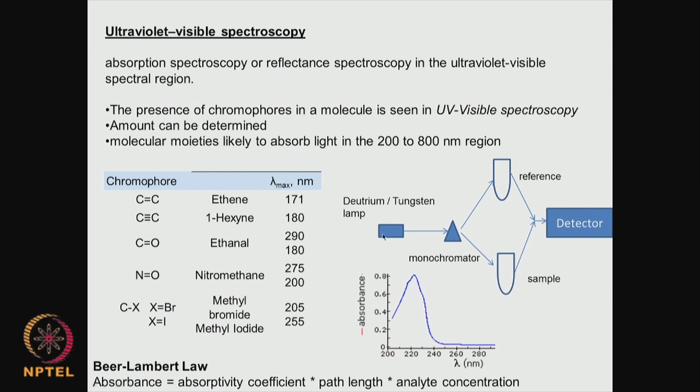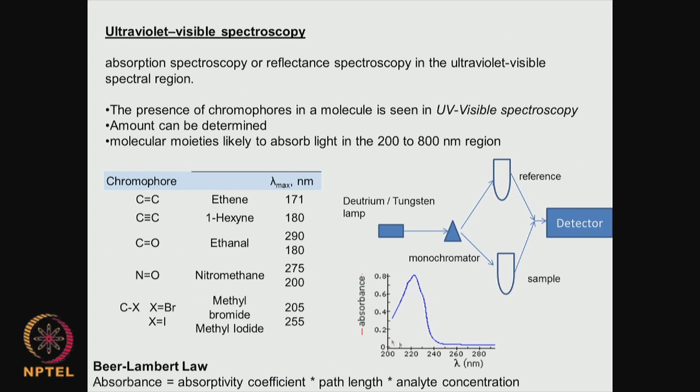We have a lamp, a deuterium tungsten lamp, then there is a monochromator, the light passes through the sample and it is detected. We have a reference here. So, with respect to the reference we can monitor whether a chromophore is present and at what concentration.